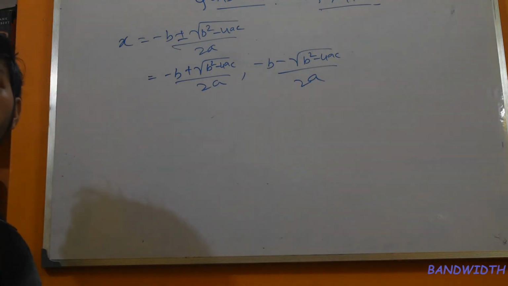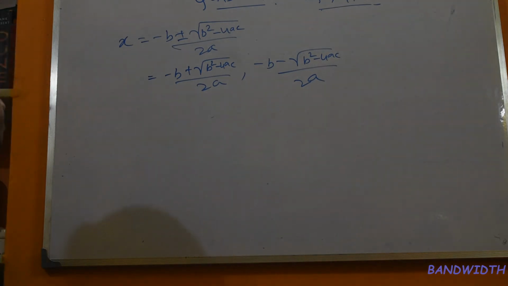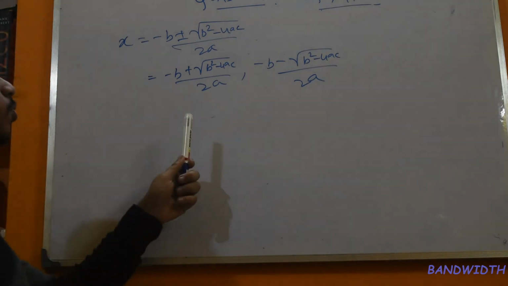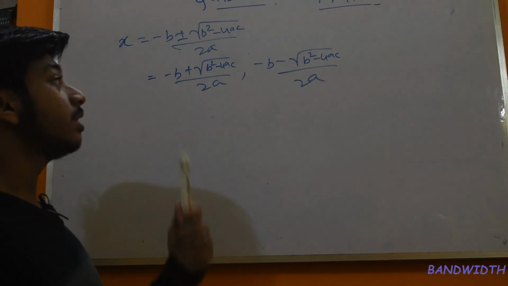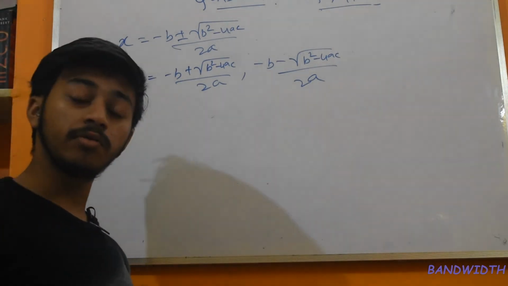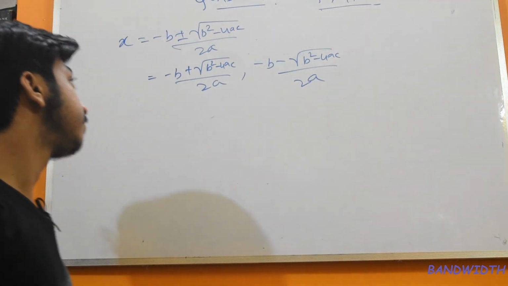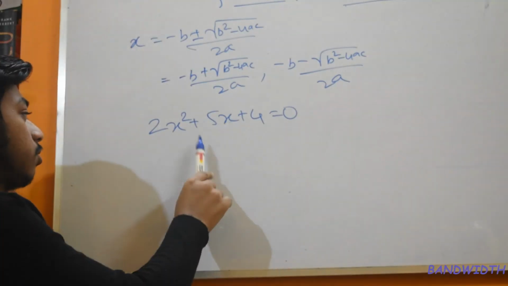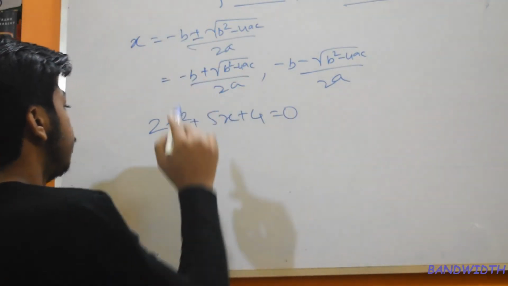See, you found the two roots of the equation. You can use this formula to calculate the second example that I took, which was not solved by the x plus a whole square form.